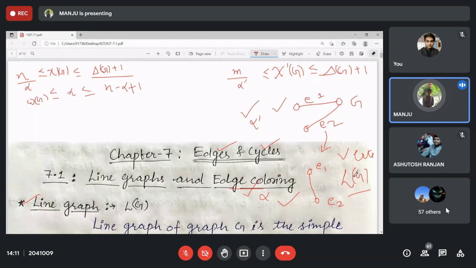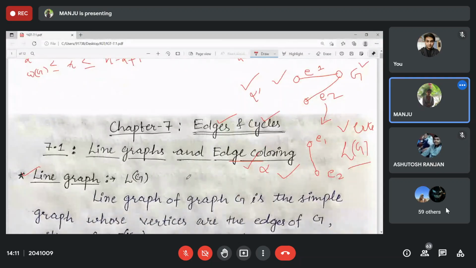That is known as a Hamiltonian cycle. That means if G is Eulerian, then L of G will be Hamiltonian. I will talk about that later. Whatever edge properties there are will be transferred to vertex properties. Clear?